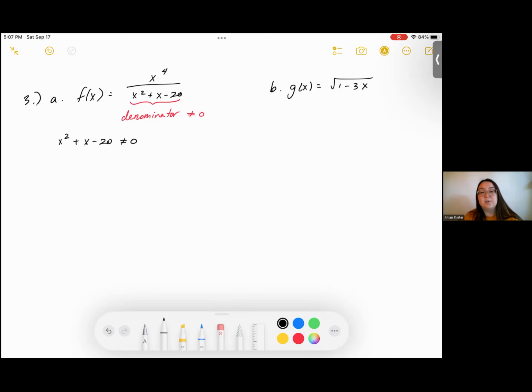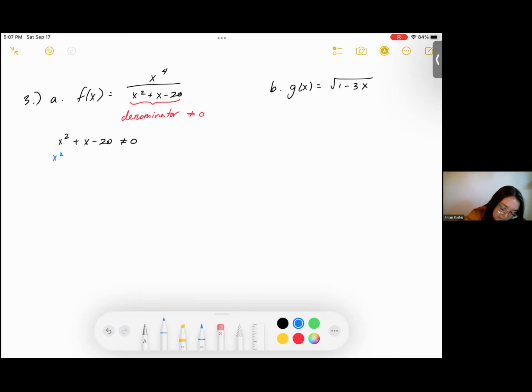So what we're going to do is factor x squared plus x minus 20 into its factored form, and then find the two values of x that can't exist. When it comes to factoring things like this, we're really looking for two values that would add to the middle number and multiply to the final number.